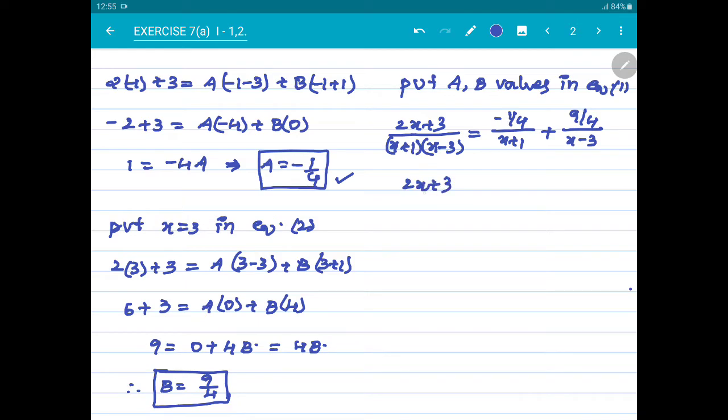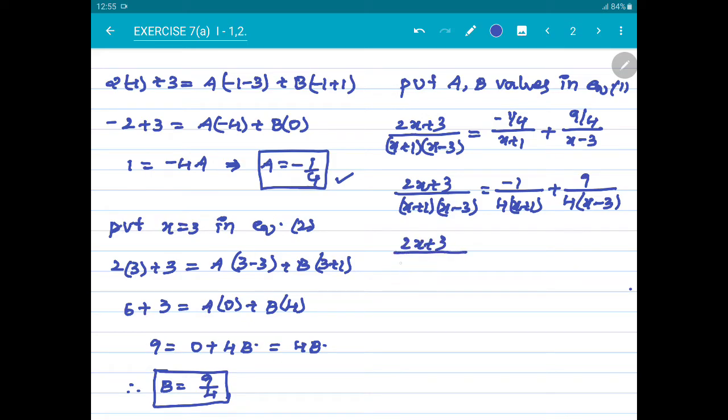Now the simplification is (2x + 3)/((x + 1)(x - 3)) on the left, and on the right -1/4 times 1/(x + 1) plus 9/4 times 1/(x - 3). Always it is better to write the plus term in the first position.